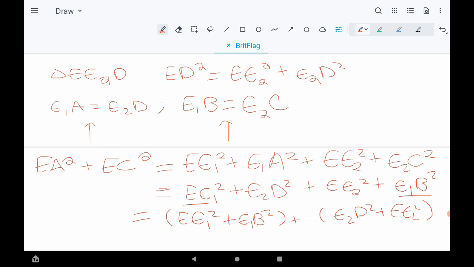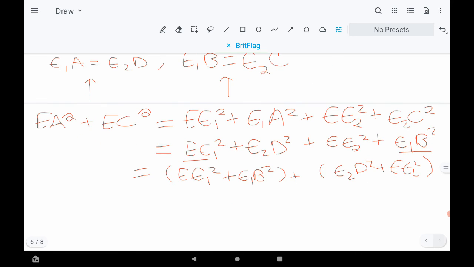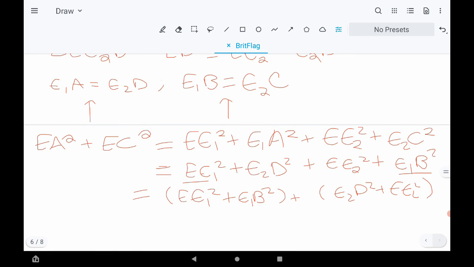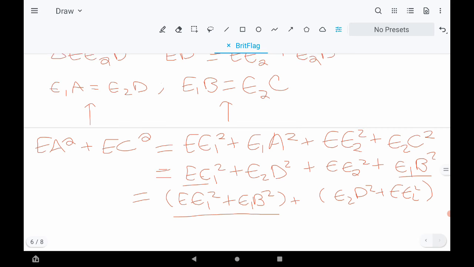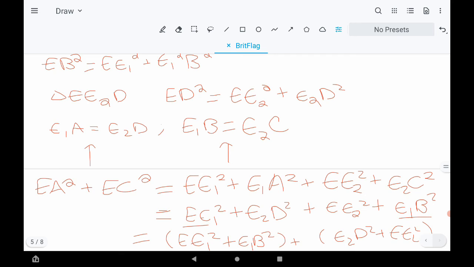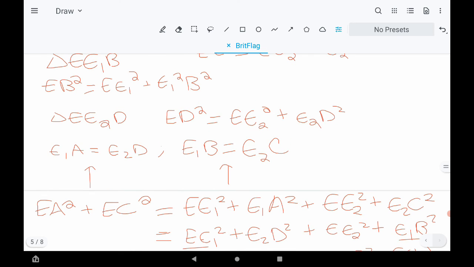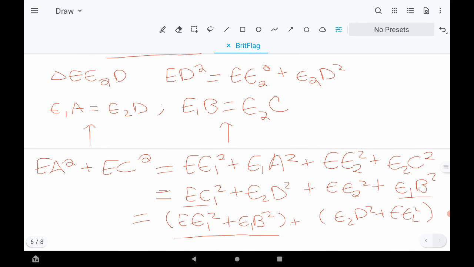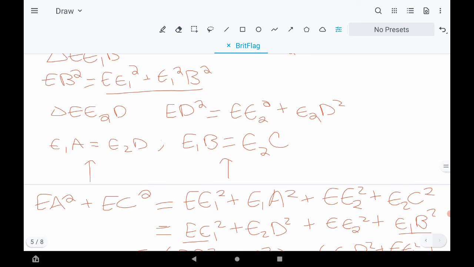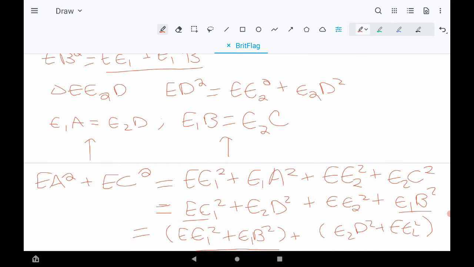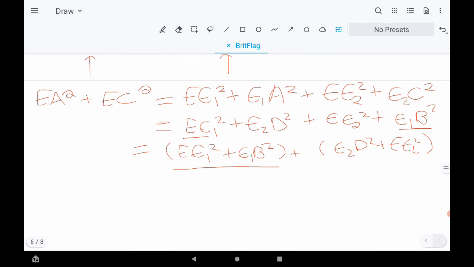Okay, so all I've done here is just group them in a different way. I'm just rewriting them. But look here. So, okay, E1A squared plus E1B squared. Let's look at just this one. Where have we seen that before? If we scroll up a little bit, that's just that. Exactly. It's exactly that. So what can we do? We have a neat substitution there. And let's put that in.